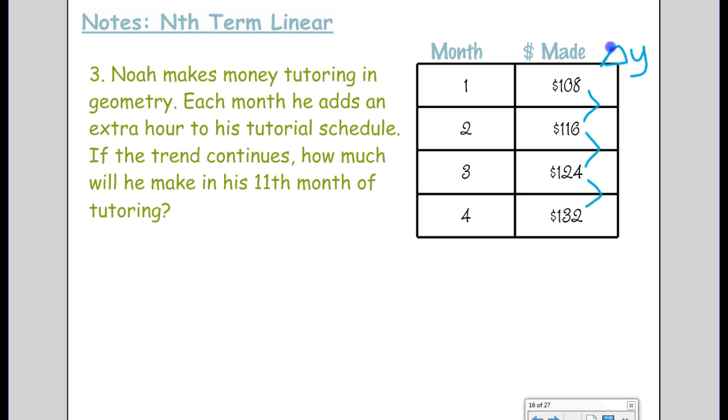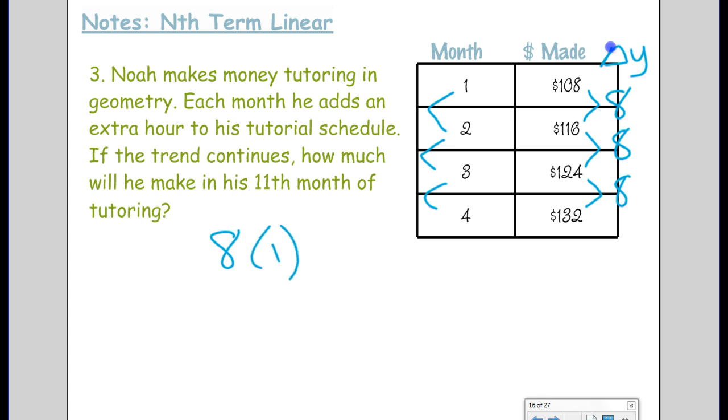Did you get the same number each time? What did we get? 8. So 8 is our slope. The reason why 8 is our slope is because what is delta x? 1. So we don't need to worry about delta x this time. It's nice when we don't have to worry about that. Alright, so our slope is 8. And now we need to do the tweaking step.